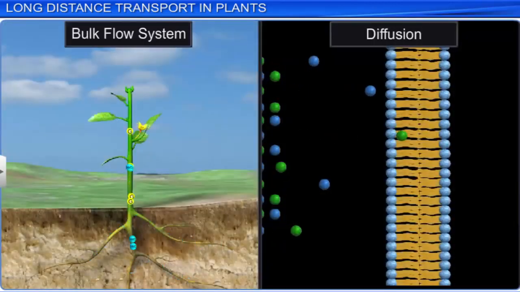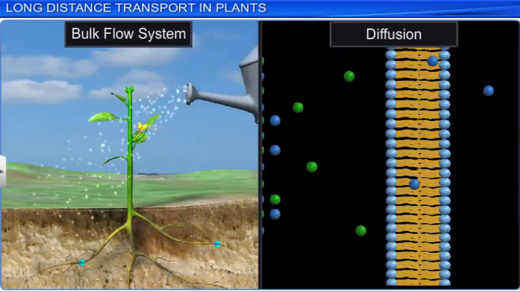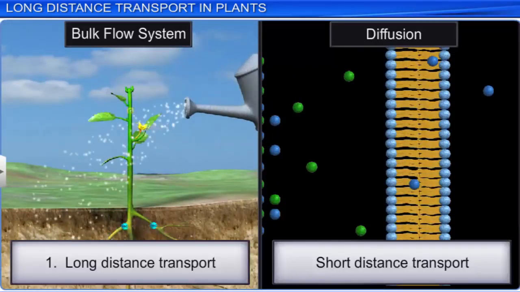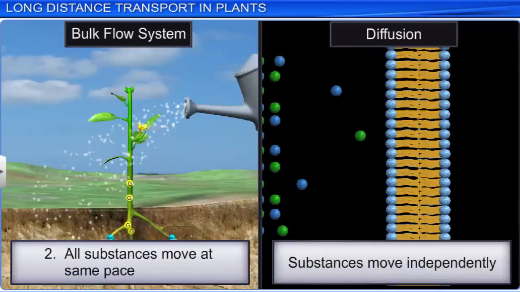To conclude, the bulk flow system differs from diffusion in 3 ways. First, it transports substances across long distances in plants, unlike diffusion. Second, unlike diffusion, in which substances move independently, the bulk flow system moves all substances at the same pace.